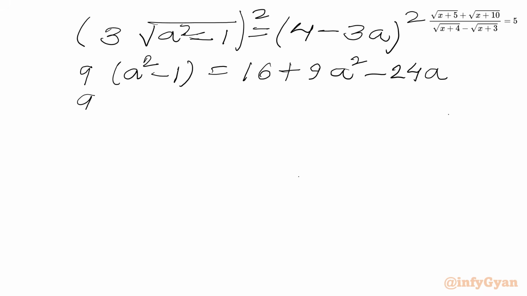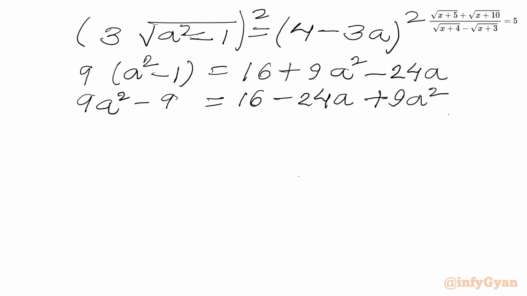Now we will simplify the LHS: 9a² minus 9 equal to 16 minus 24a plus 9a². Now we will subtract 9a² from both the sides. So 9a² will be over. Now we will take minus 24a to the LHS and minus 9 to the RHS.